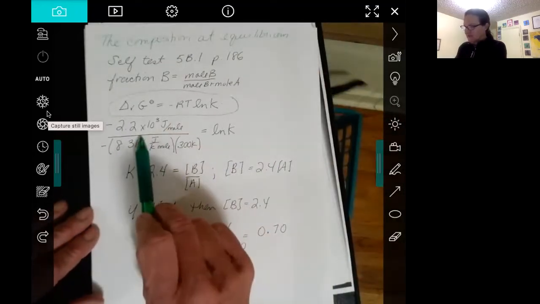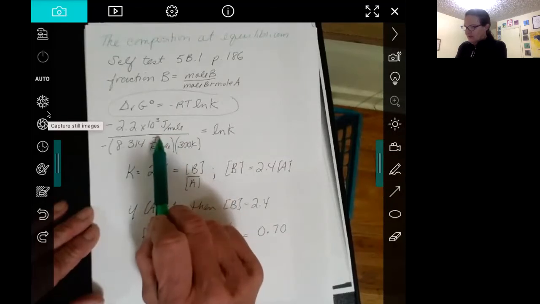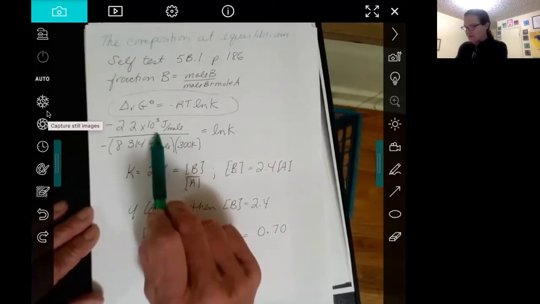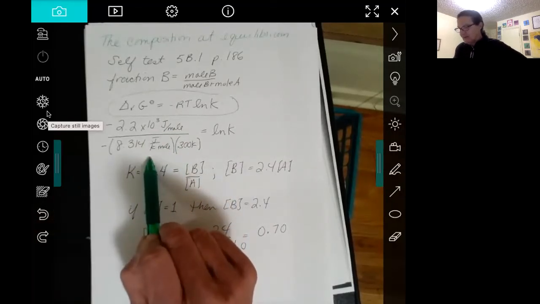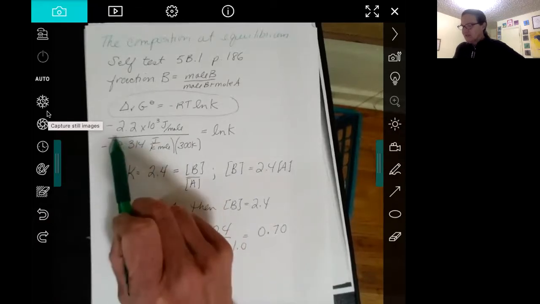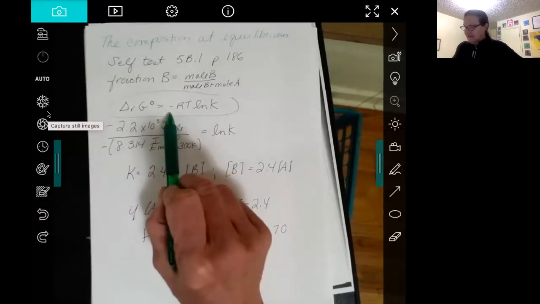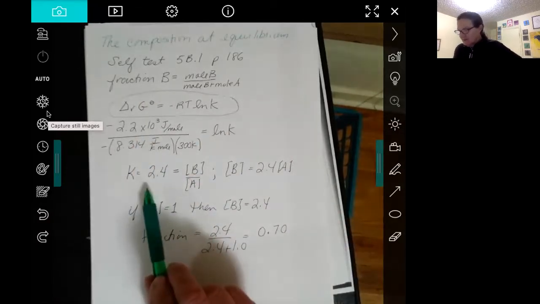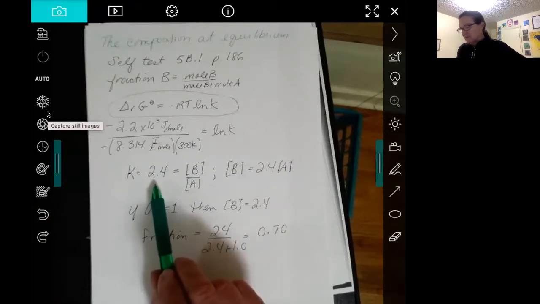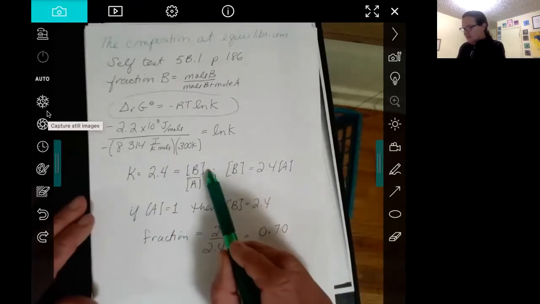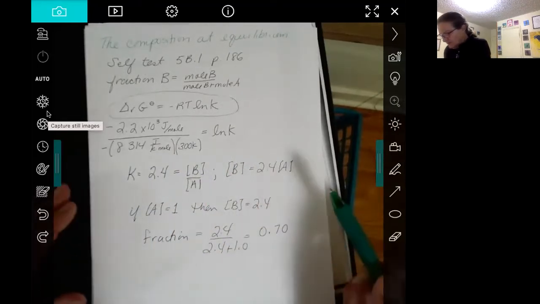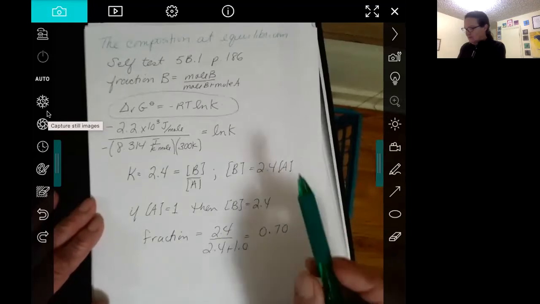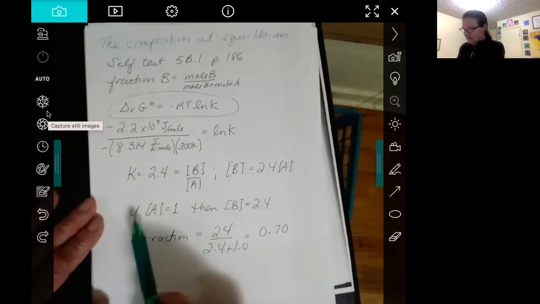First I used the delta G, and they gave it to me in kilojoules, so I converted it to joules to be compatible with my gas constant. Delta G was negative, and this negative cancels. So we end up with an equilibrium constant of 2.4. That's the ratio of B over A. Now if we want to know the fraction, we can just make an assumption.